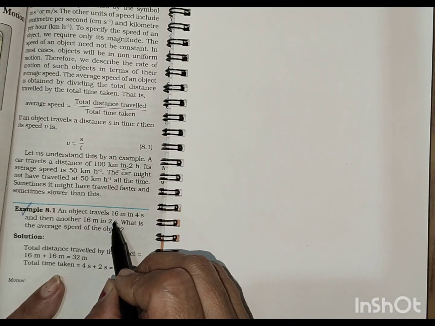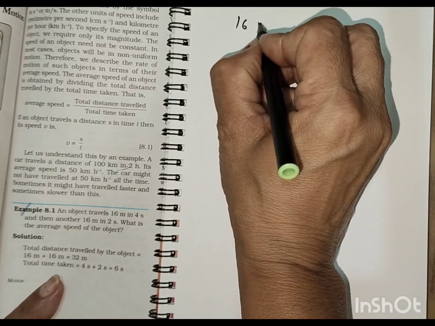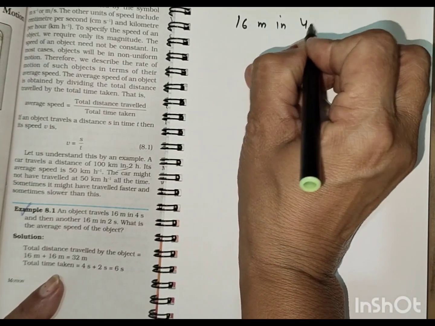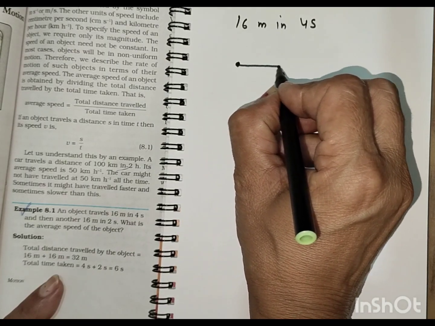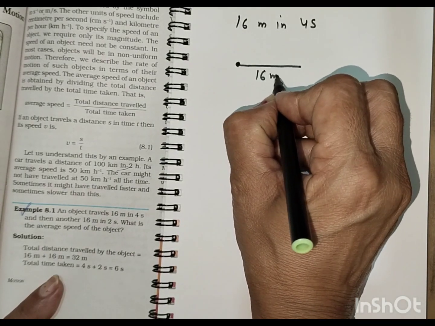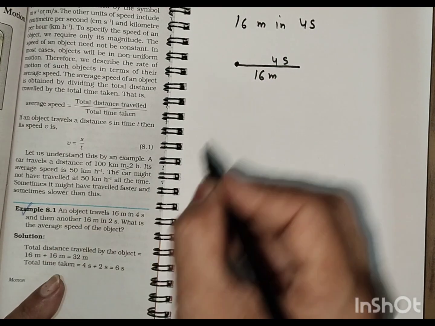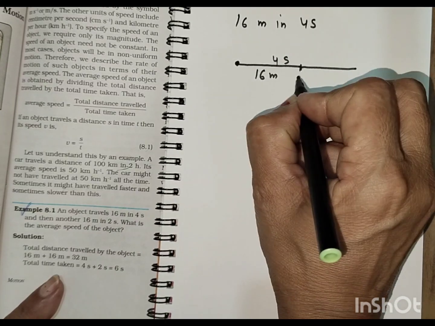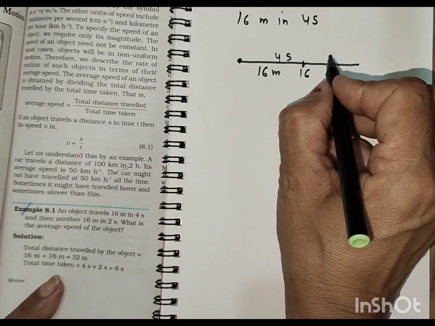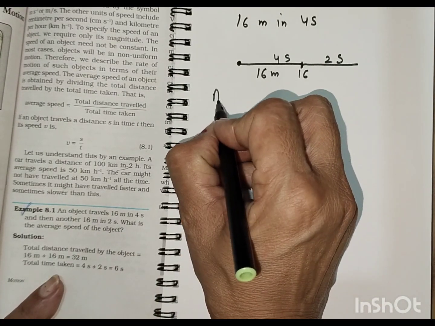First, the object travels 16 meter in 4 seconds, and then another 16 meter in the next 2 seconds. What is the average speed?